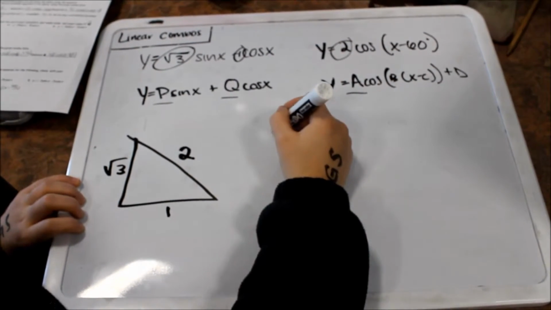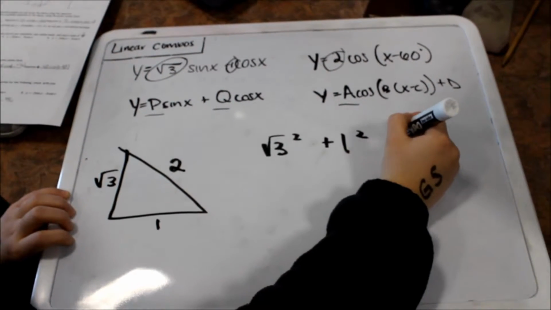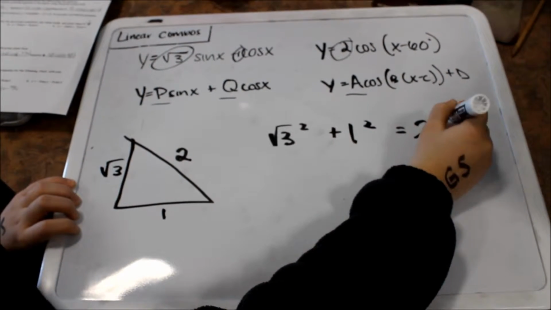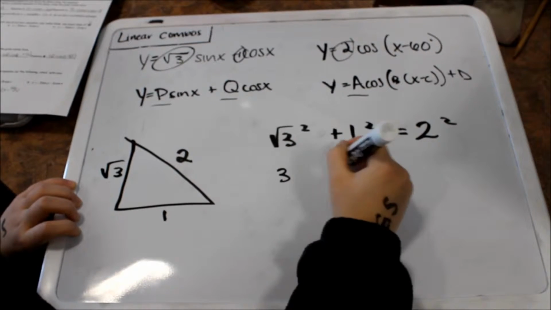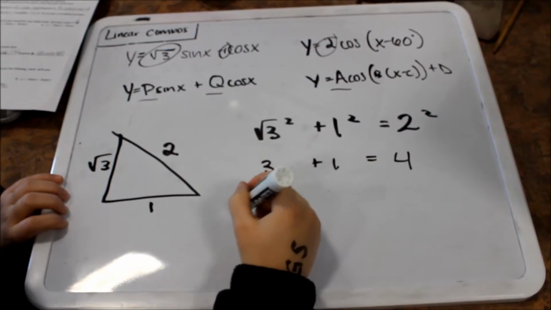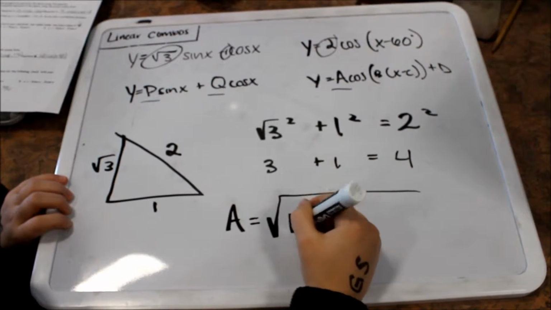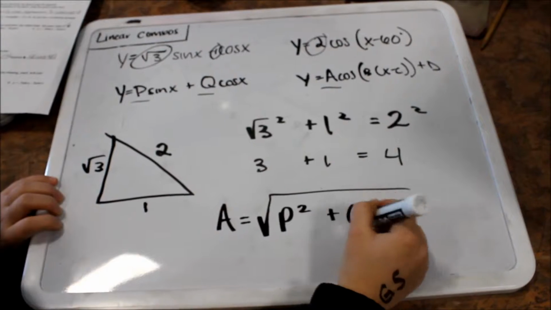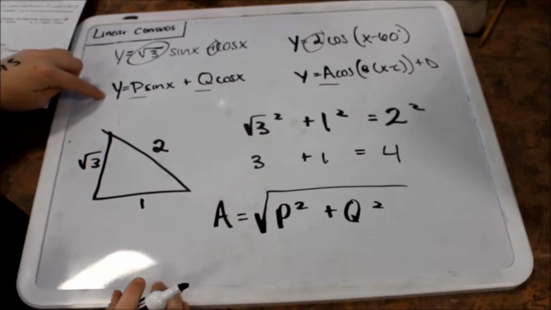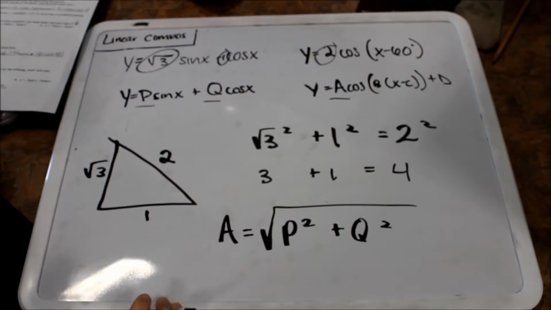For example, square root of 3 squared plus 1 squared is equal to 2 squared. So 3 plus 1 is equal to 4, which is the Pythagorean theorem. So we know that A is equal to the square root of P squared plus Q squared, using these two general equations.